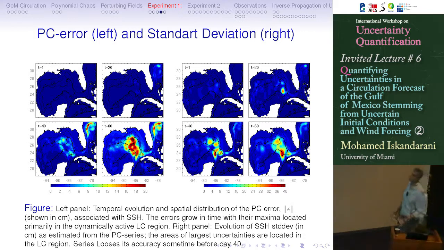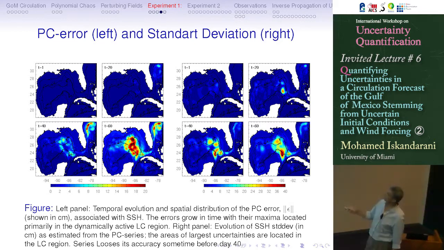So let's look a little bit at what we can learn from these things. I'm not going to show a lot from experiment 1, just a few pictures. So what you're looking at, essentially, we're using the validation point to assess whether the difference between the surrogate and an actual model run is small or large. And so we're essentially looking at the root mean square error here, and its evolution in time.